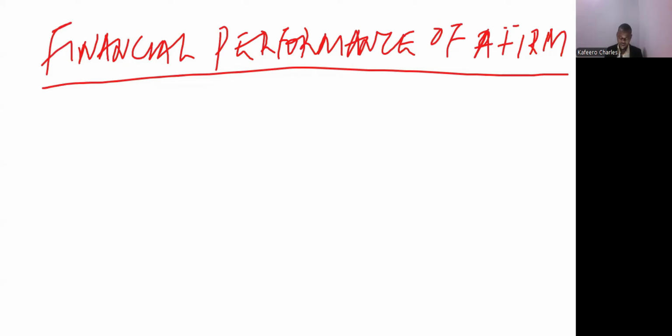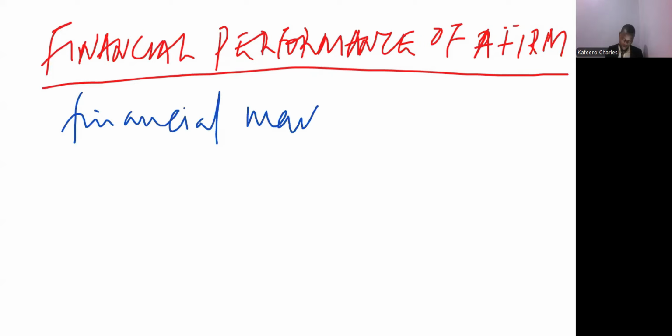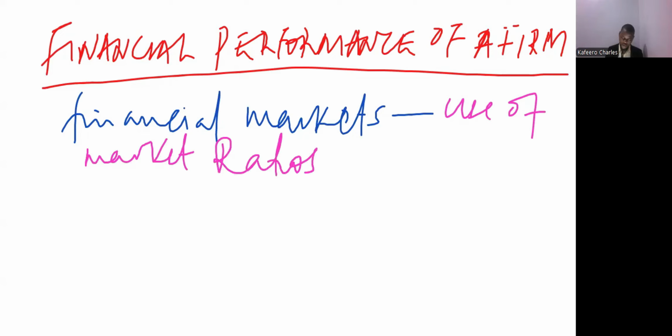This new syllabus talks about it very briefly, under financial markets, if you look at that detailed syllabus. That's where it was brought in, and it is a little bit silent. The way they brought it, it's as if you're just going to be using what we call the use of market ratios.